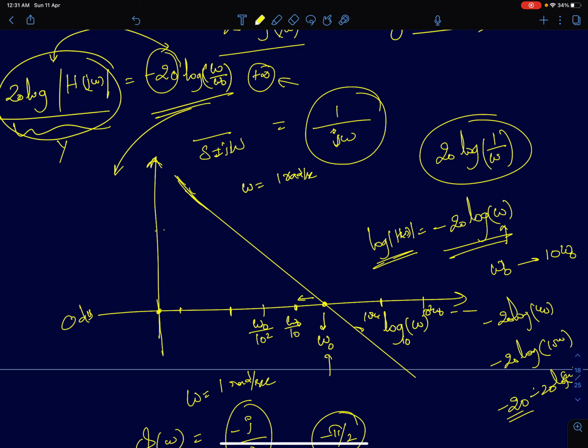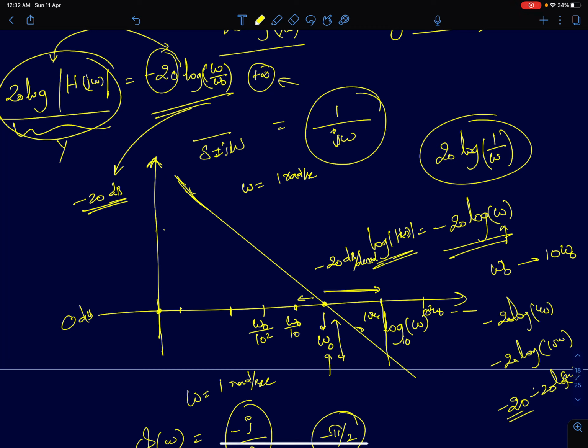So I've increased by 1 decade. If I increase by 1 decade, the value of this is going to be minus 20 decibels. So if I change my frequency by 1 decade, the output will reduce by 20 decibels. So the slope here is minus 20 decibels per decade.